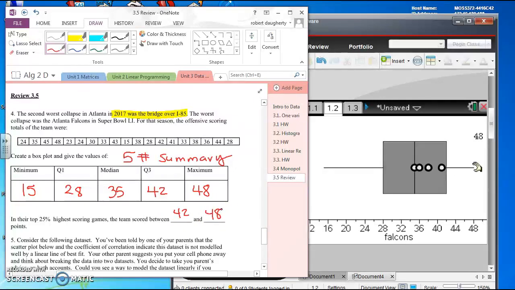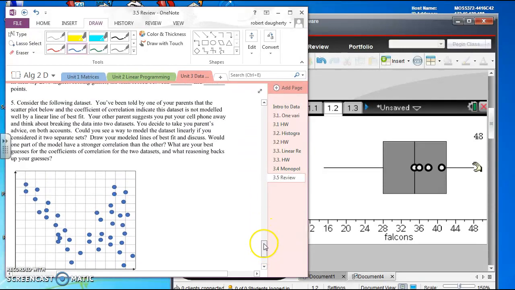Remember, this divides your data set into quartiles. From the minimum to Q1, that's the first 25% of your data set. That's the next 25%. That's the next 25. And this is the remaining 25. So the top 25% of my games, I score between 42 and 48. Okay.